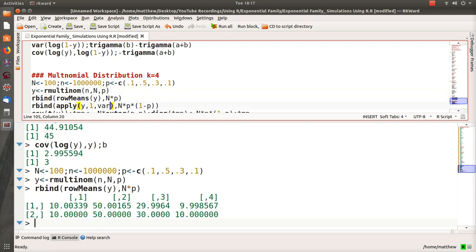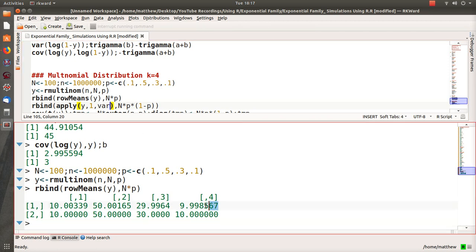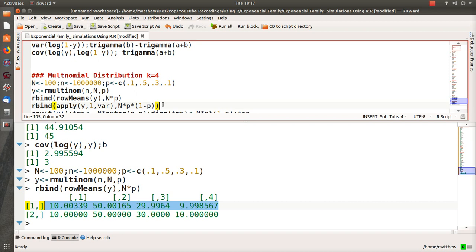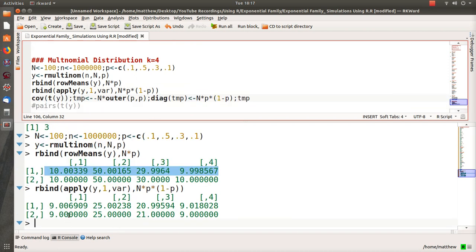So the mean of the multinomial is n pi. So you take 100 times each of these probabilities, and that's what we get here. And the simulated results are so close to the theoretical results. That's nice. And so the variance is n p q, and the simulated results are so close to the theoretical results.